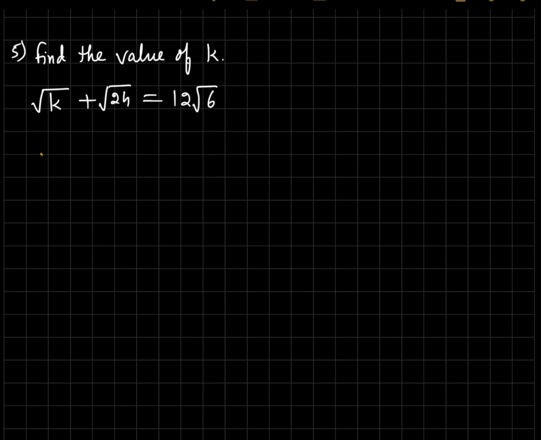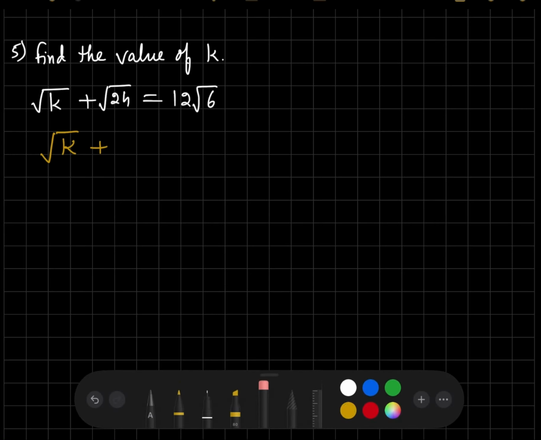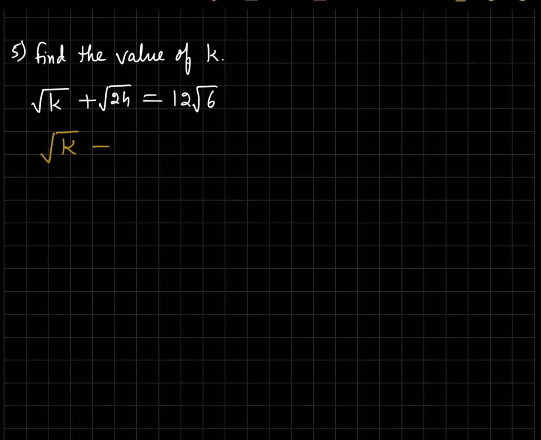Fine, no problem. Let us write square root of k plus, or we can take this square root of 24 to the right hand side, and I will write here 12 square root of 6 minus square root of 24. Okay, and then this is square root of k, and as usual we will split it.